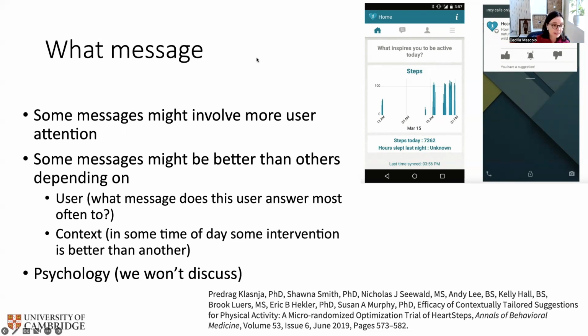Some messages might be better than others, and you might want to check what message works for a certain user. You see if a user is responding or not responding to a certain kind of message, so you could adapt. And we will see that some reinforcement learning techniques have been adapted to dynamically adapt the application.